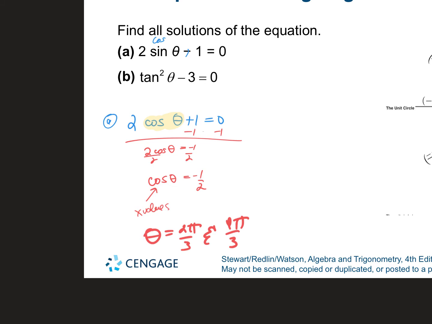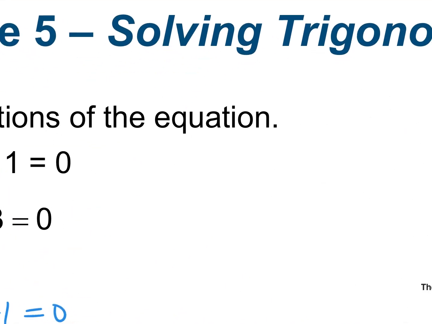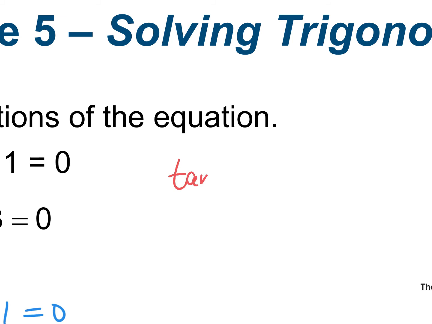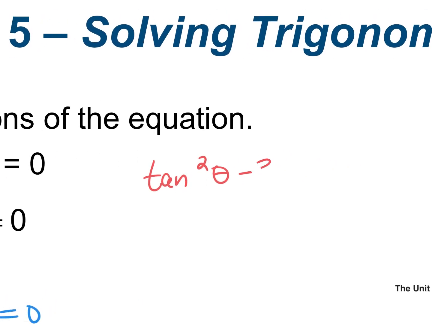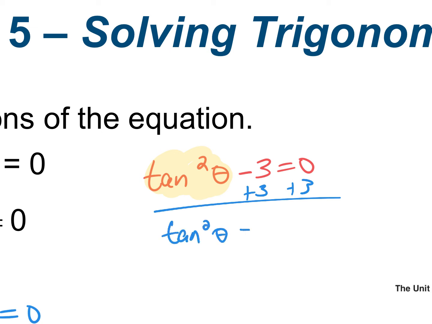All right, so the second example, B, let's do B. It says tangent squared of theta minus 3 equals 0. Well, I want to get my trig function all by itself. So what do? Add 3 to both sides. So tangent squared theta equals 3.